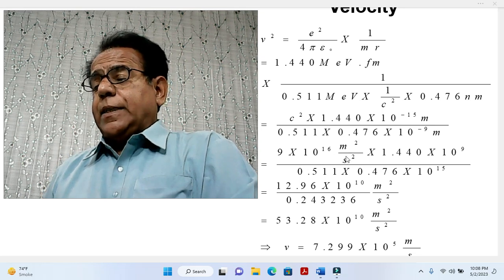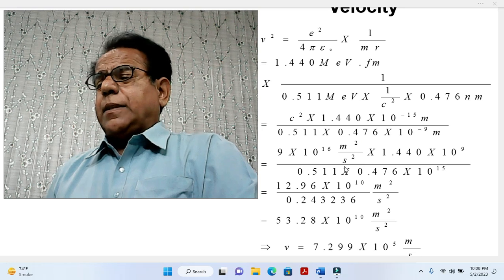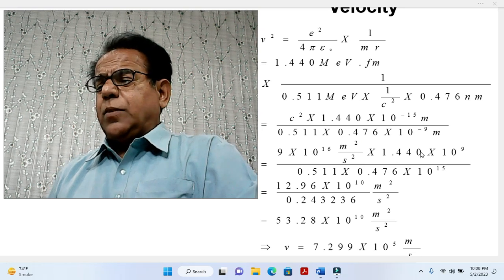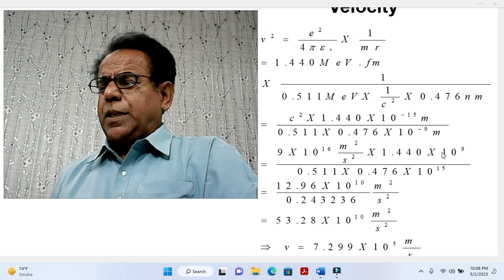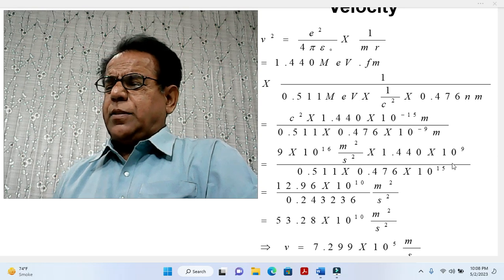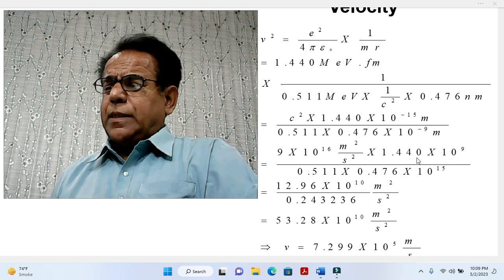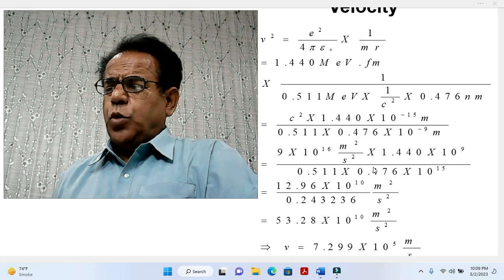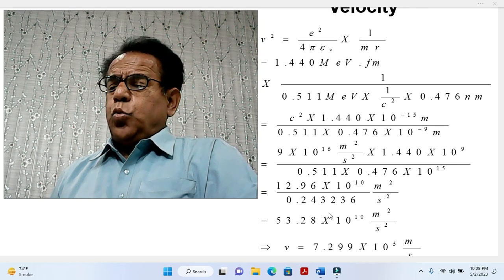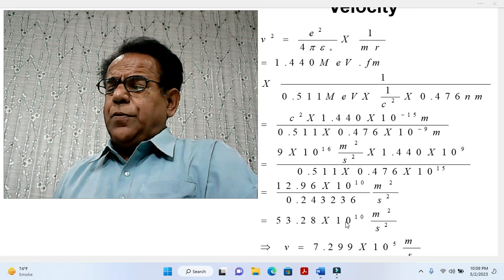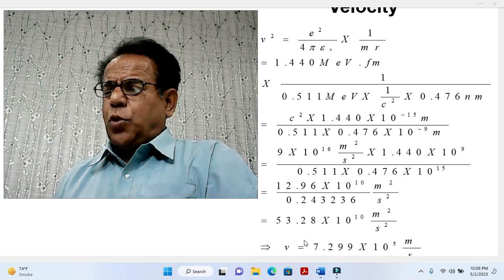Meter per second will become meter square per second square because c is squared. The remaining portion is this. When we simplify, it will take this form, and moreover when we simplify further, this will take this form.